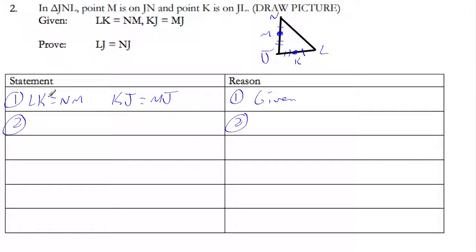All right, so since LK is equal to NM, well, actually, what I'm going to do is use the segment addition postulate. So I'm going to say that LK plus KJ is equal to LJ, and that's the segment addition postulate.